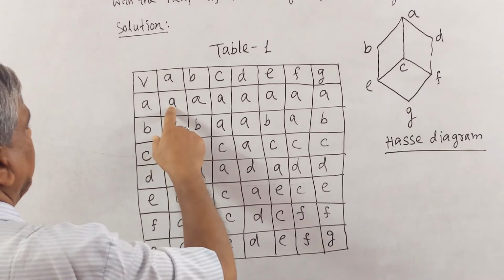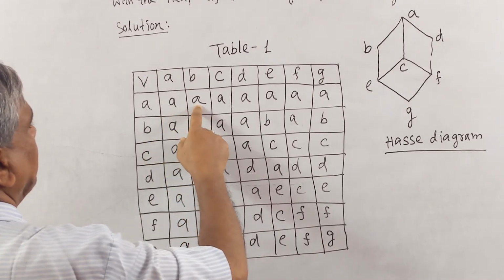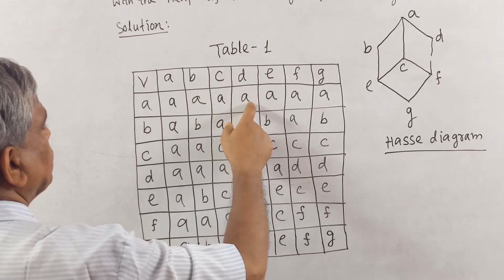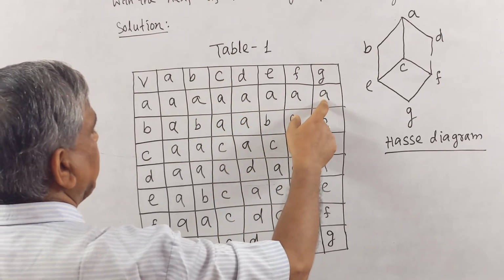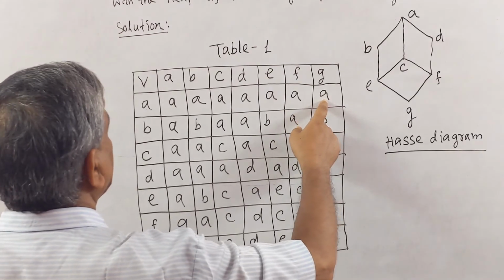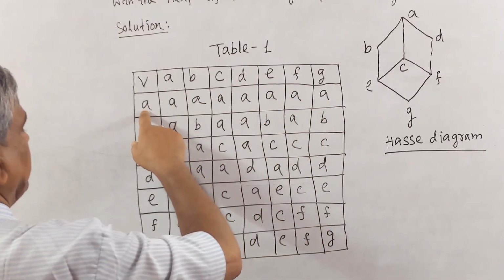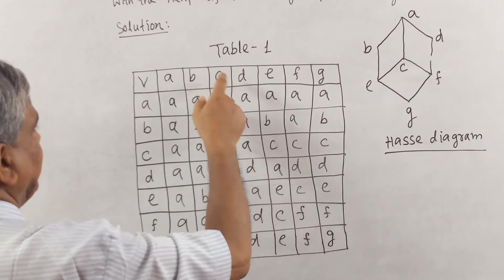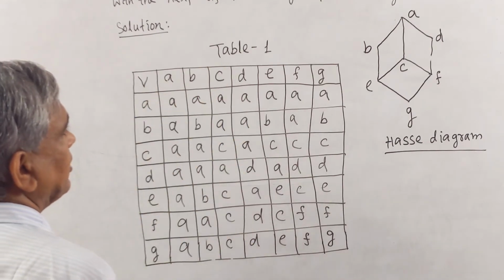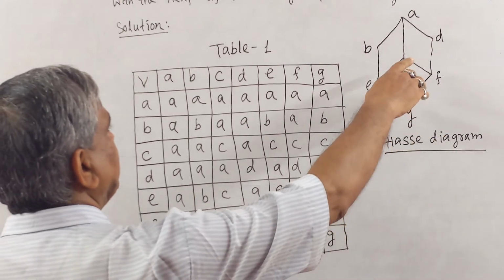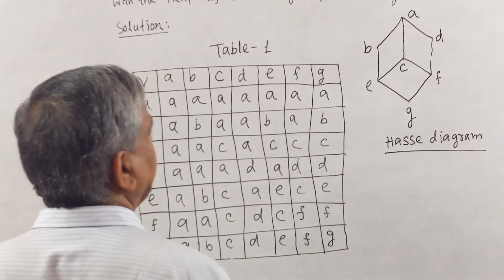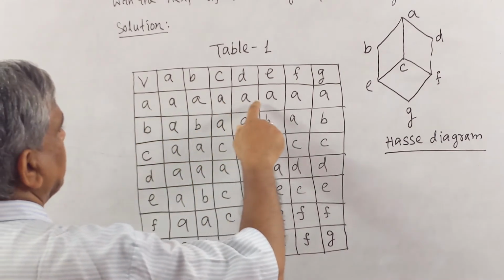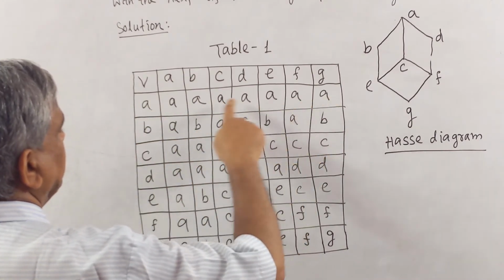So here A, here A. Also here will be A, because joins of A and any other element means A is in the upper position of each element. So in this row all elements will be A.